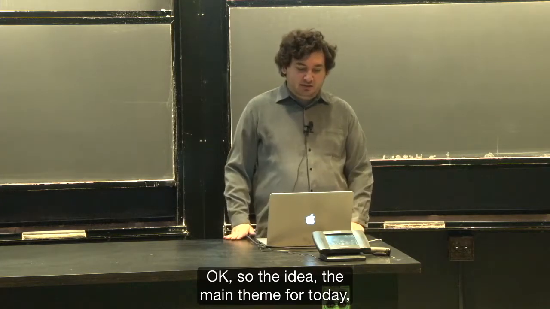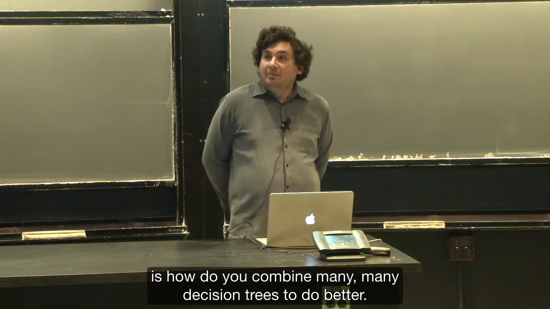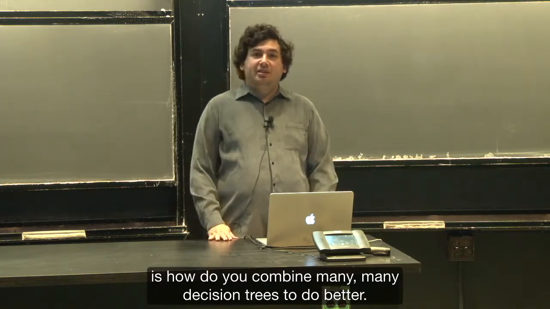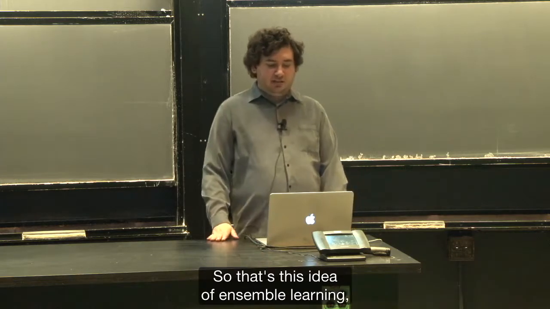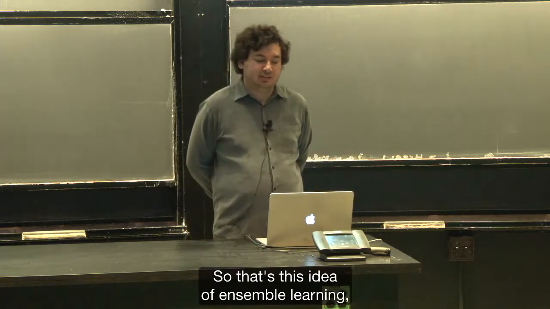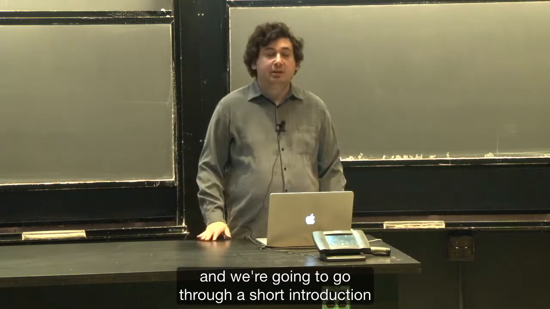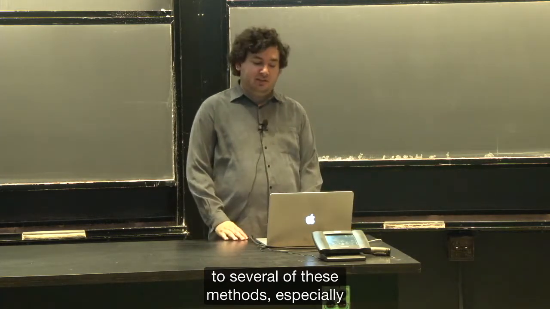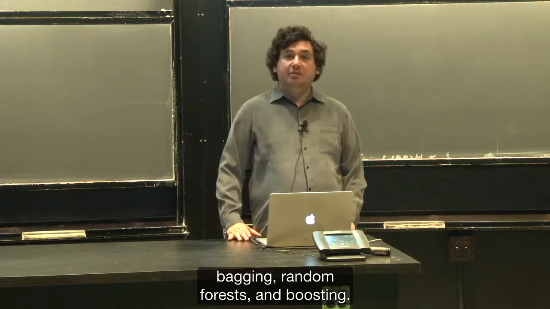Okay, so the main theme for today is, how do you combine many decision trees to do better? So that's this idea of ensemble learning, and we're going to go through a short introduction to several of these methods, especially bagging, random forests, and boosting.